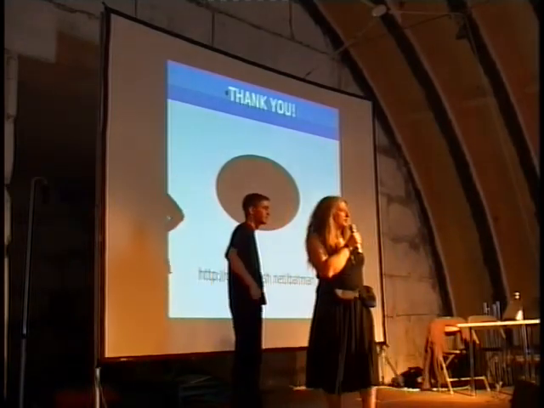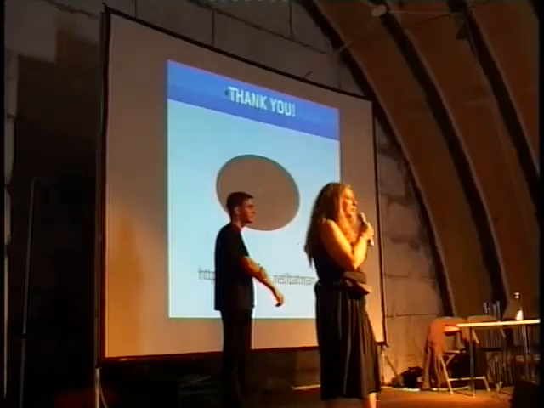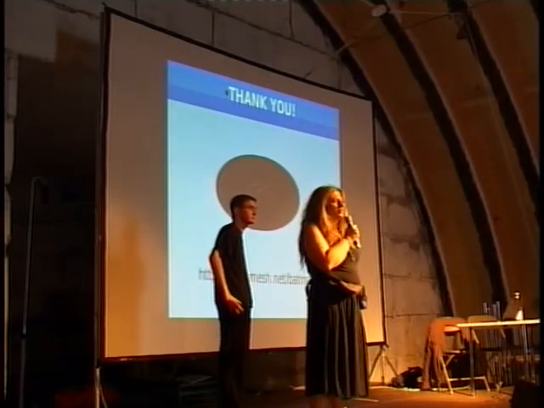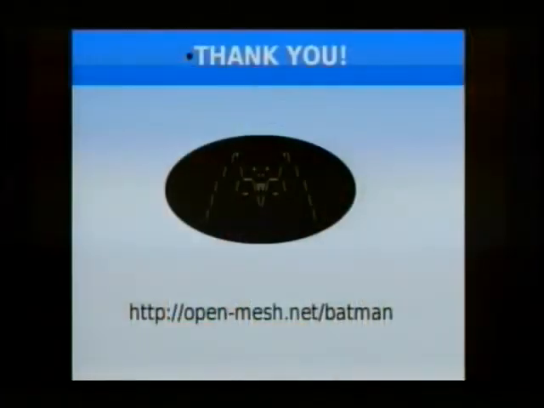Well, the algorithm is based on the decision of which is my best ranking neighbor to the destination, and best ranking at the moment means it's giving us packets quicker and more reliably than others.